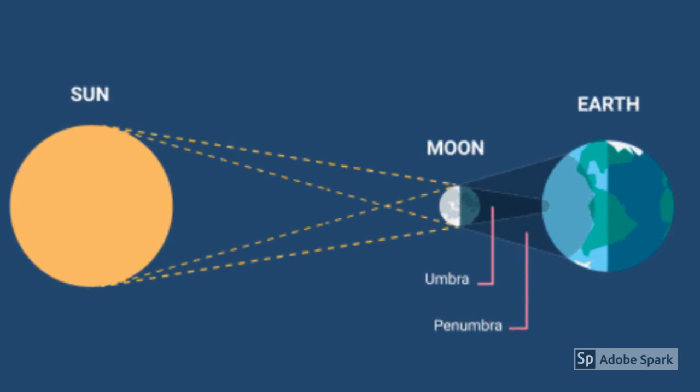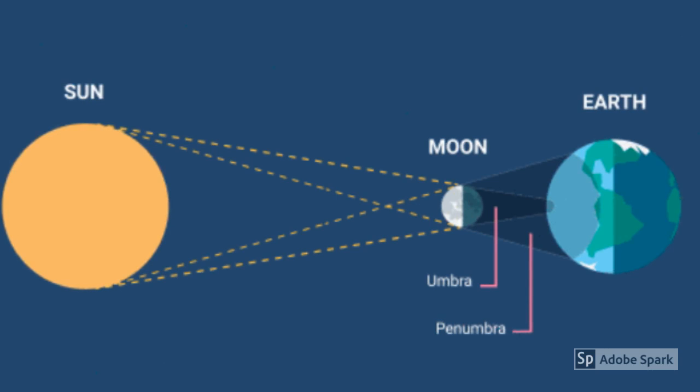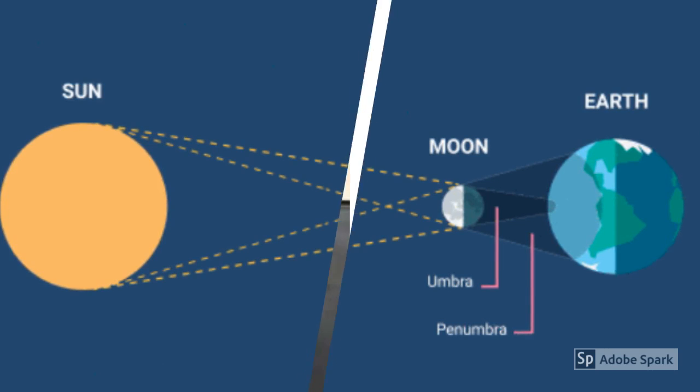But as you can see at the bottom of the picture, the shadow has two parts that have names. There's the darker part of the shadow, and there's a lighter part of the shadow. The darker is called the umbra, and the lighter is called the penumbra. Now, what's that about? We'll get back to this picture in a minute.